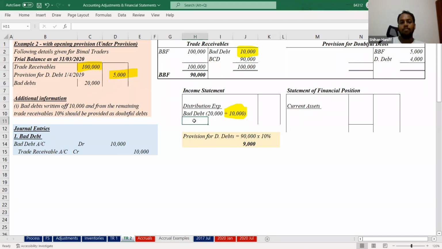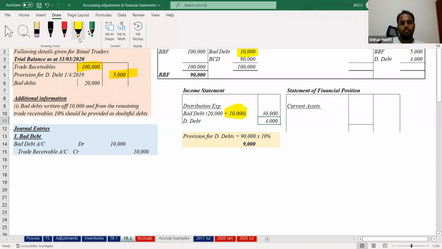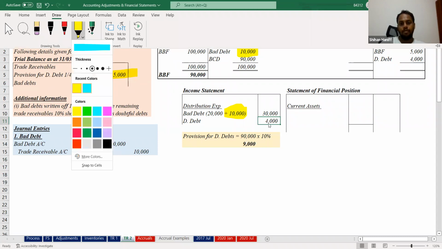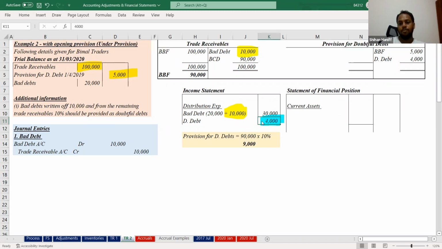And for the income statement, only 4,000 will come. It's double entry, 4,000 debit, 4,000 credit. That's all. So closing balance.